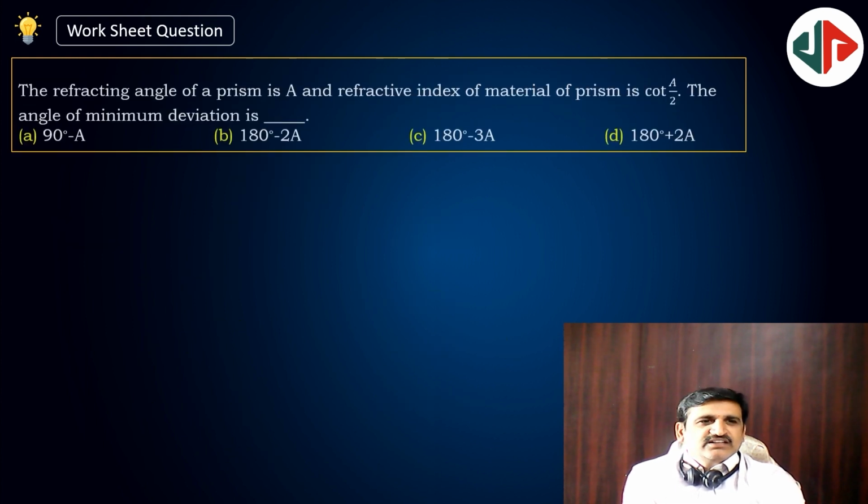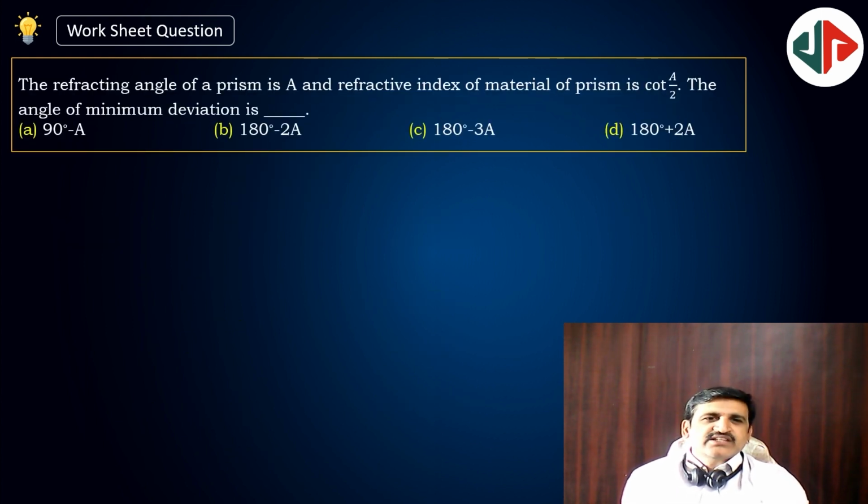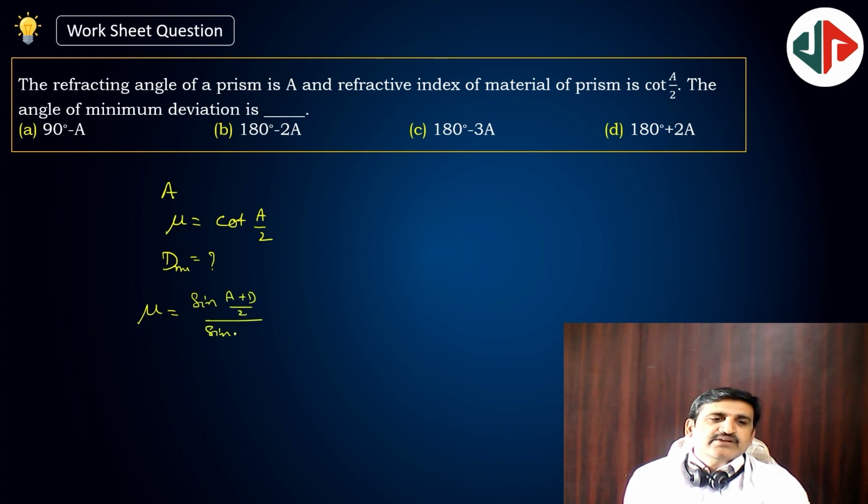Think wisely. The refracting angle of a prism is A, and the refractive index of the material is cot A by 2. The angle of minimum deviation D minimum is equal to how much? Refractive index mu is equal to sin of A plus D by 2 by sin A by 2.